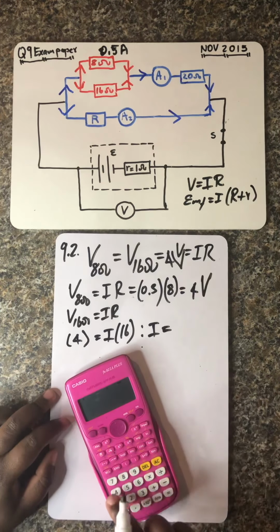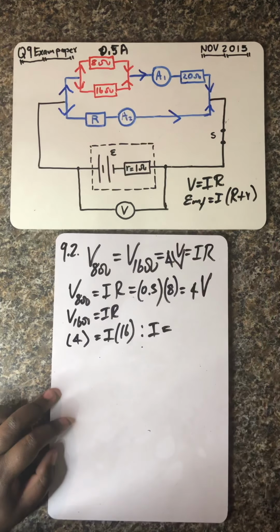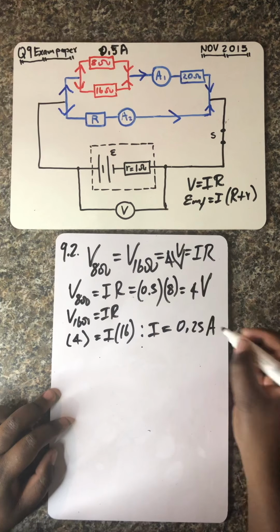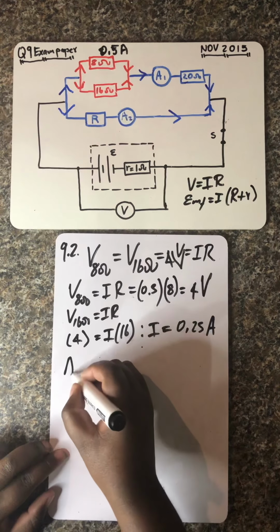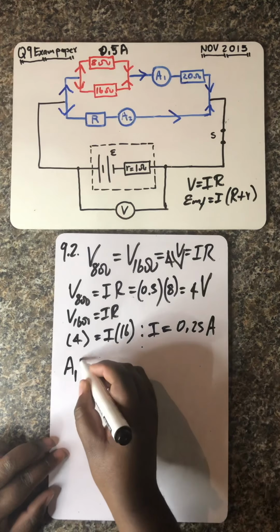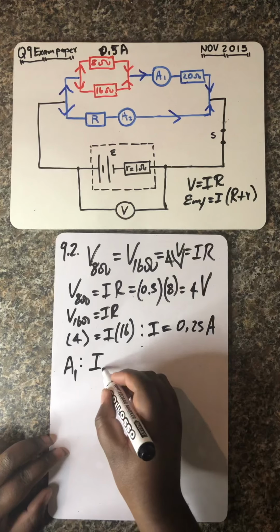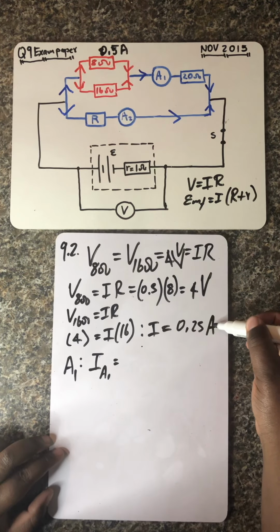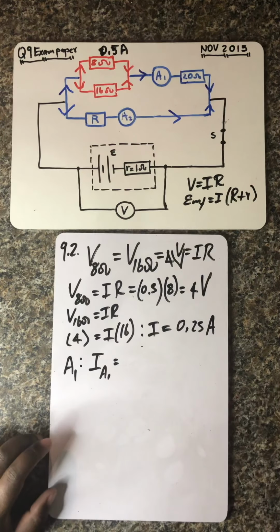Let me see how much that is. 4 divided by 16 is a quarter, which is 1/4. In decimal, it's 0.25. Remember to write the units. So the reading on ammeter 1, which is the current on ammeter 1, is equal to the current flowing through the 16 ohms resistor plus the current flowing through the 0.5 ohms resistor.